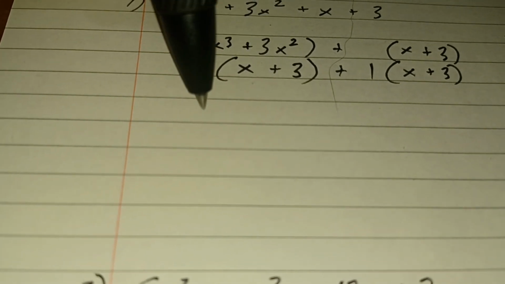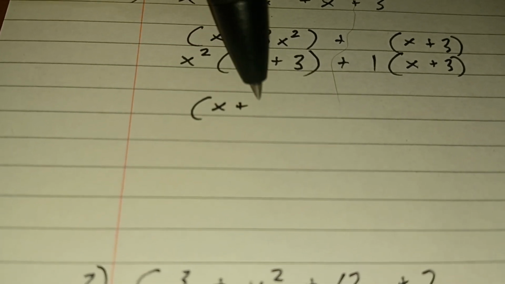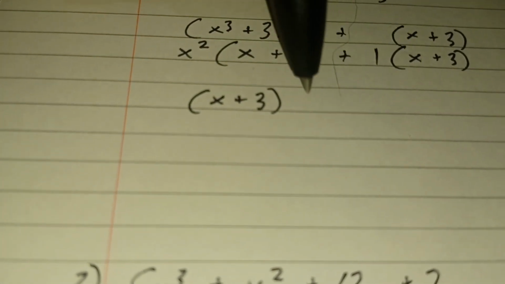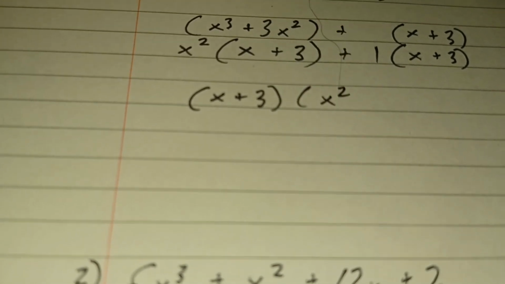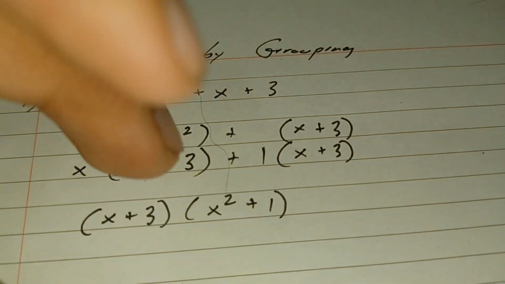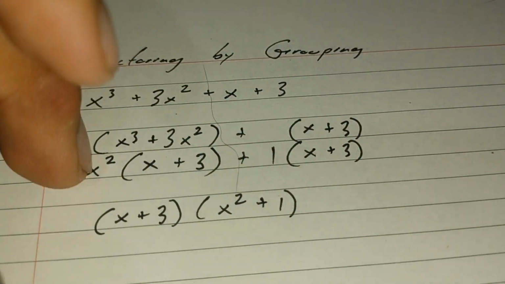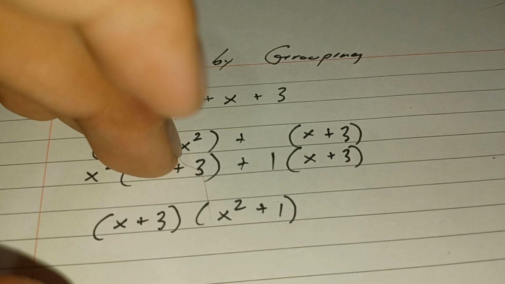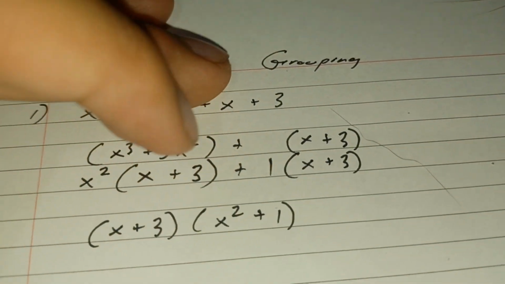Let's factor out the x plus 3, and then we have x squared plus 1, because we factor out the x plus 3 from both of these groups because they have that in common.